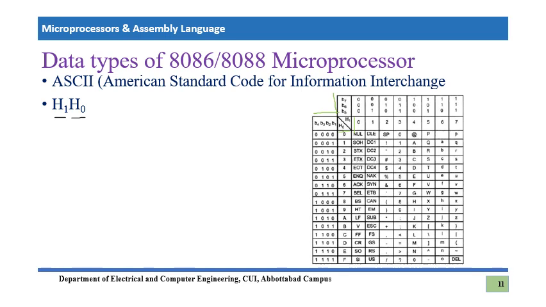So H1 comes first, then H0. Let's encode a decimal 5 in ASCII.